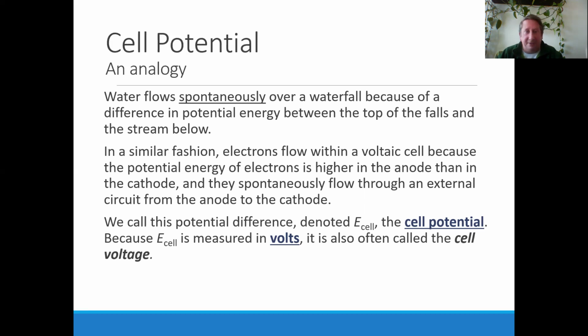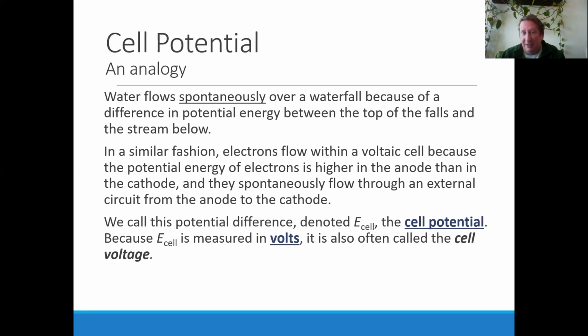We call the difference in potential between the two metal strips the cell potential, and we give it the symbol capital E subscript cell. And then we often put a little degree symbol beside that. The degree symbol would mean that this is being measured at standard conditions: 25 degrees Celsius, 1 molar concentrations, 1 atmosphere pressure if gases are involved.